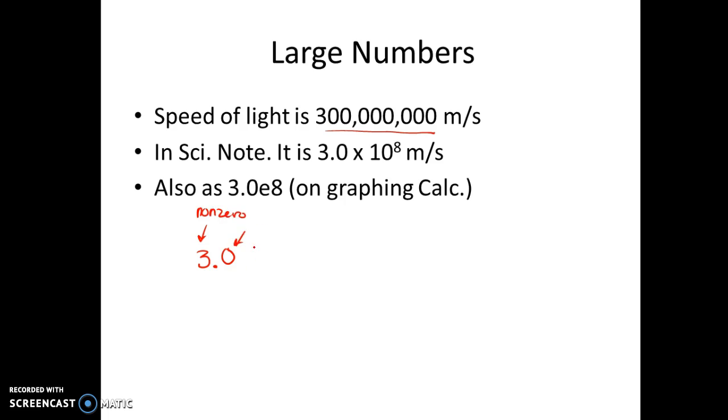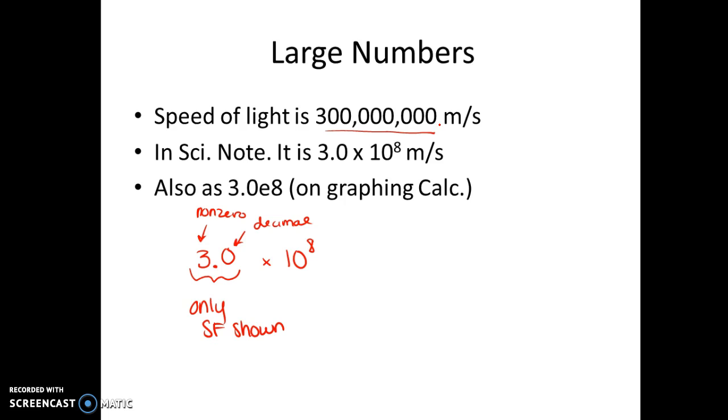So in every scientific notation number, you'll have a non-zero, and sometimes you'll also have a decimal. Okay? Only significant figures are reflected here. And then we're going to multiply that number times 10, and we're going to raise that 10 to an exponent. In this case, we're going to put to the 8th. Now, why is it the 8th?